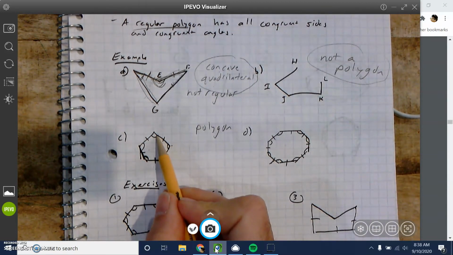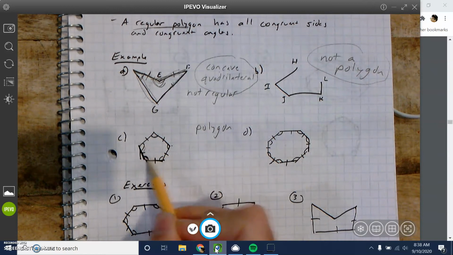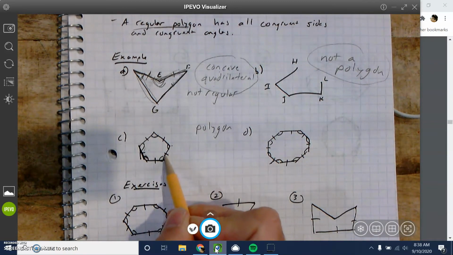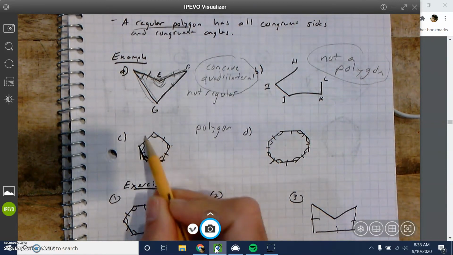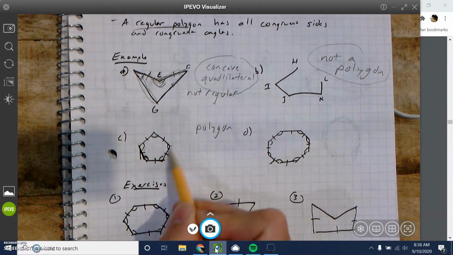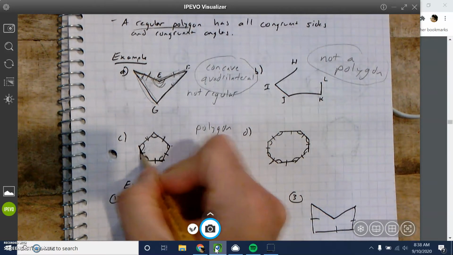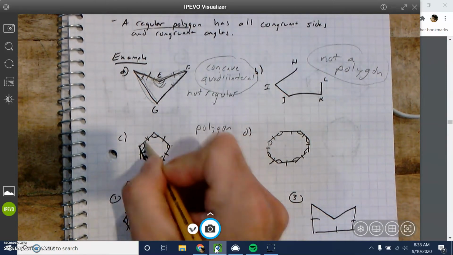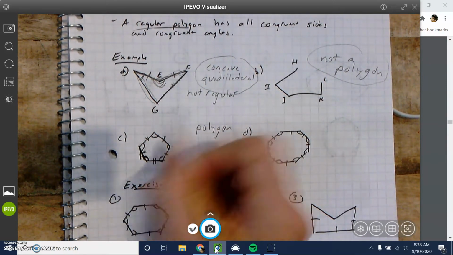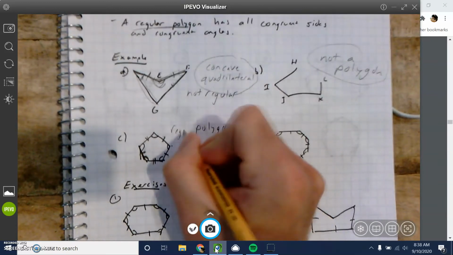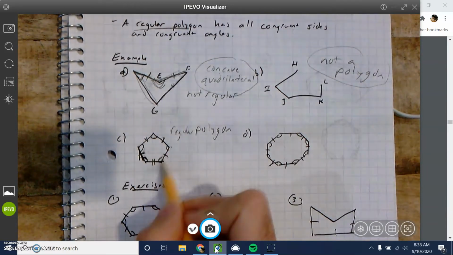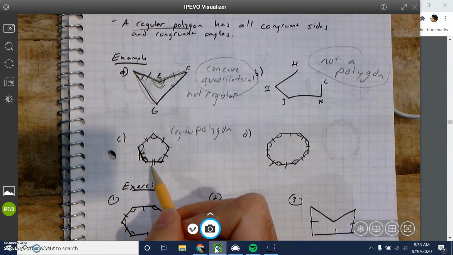Now look at the marks. All the angles have the same marking, this little circle thing. So that means all these angles are the same measure. And all the sides have this one little tick mark. So that means all these sides are the same. So this one is a regular polygon. Why? Because all the sides and angles are congruent.